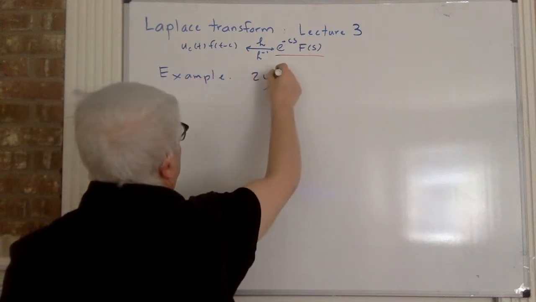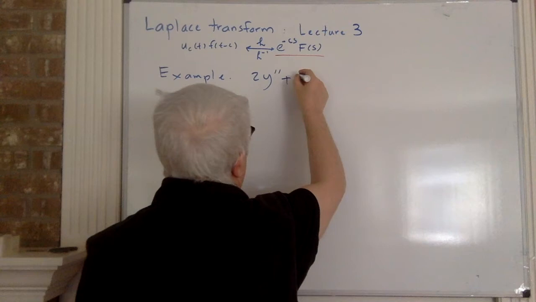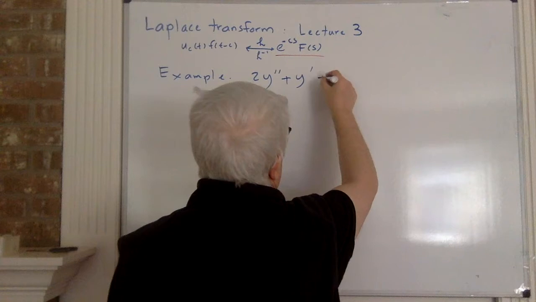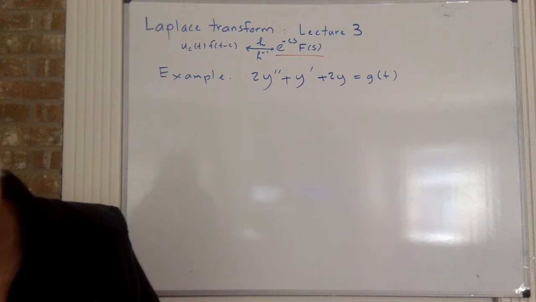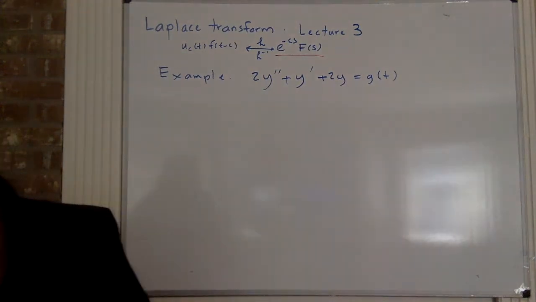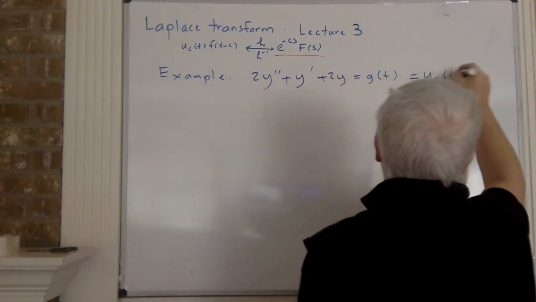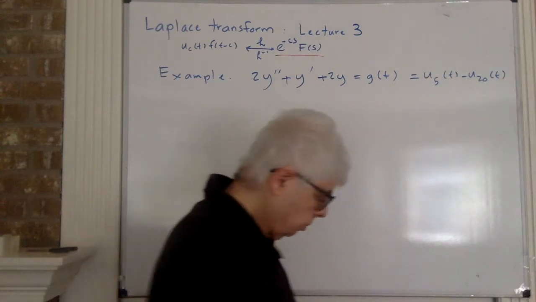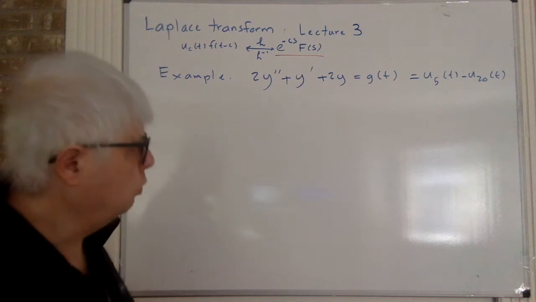So 2y double prime plus y prime plus 2y is g(t), and g(t) is u5 minus u20.